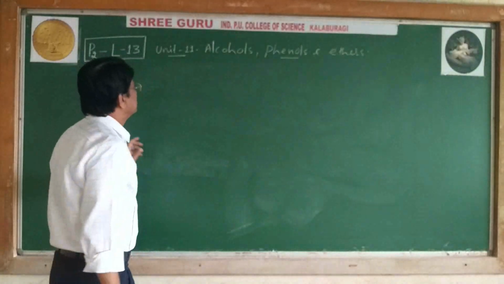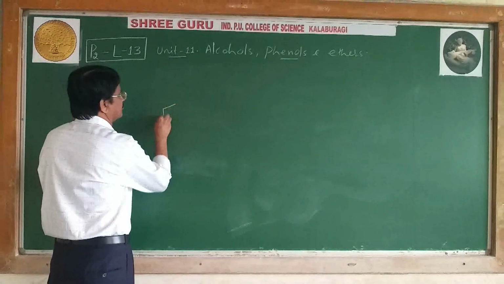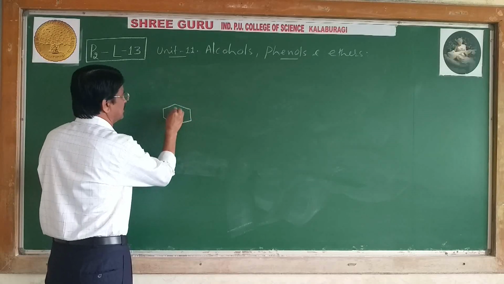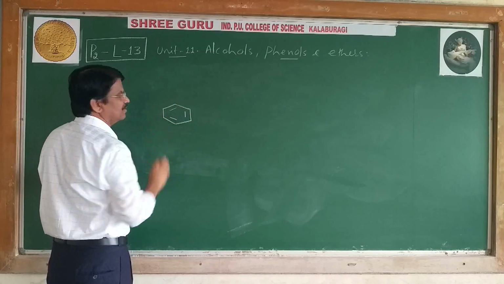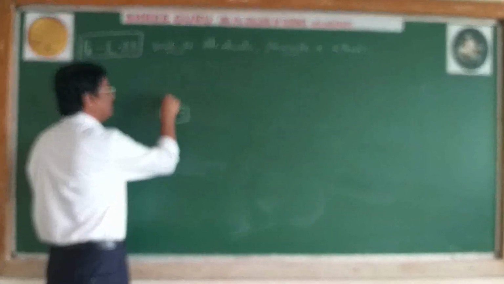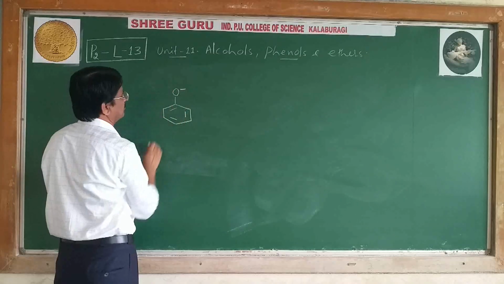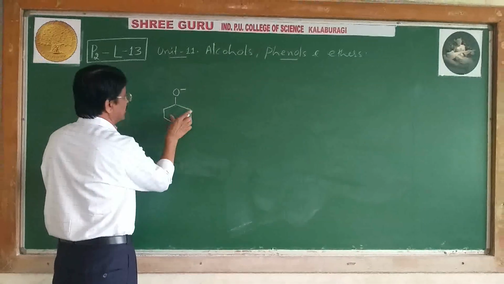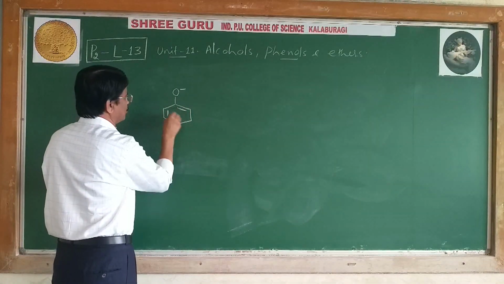Okay. Phenol is first treated with NaOH to form sodium phenate, and sodium phenate contains the phenoxide ion.